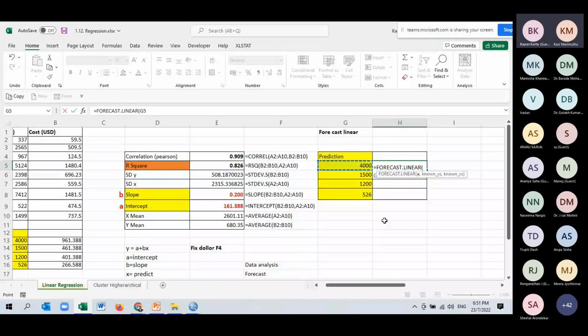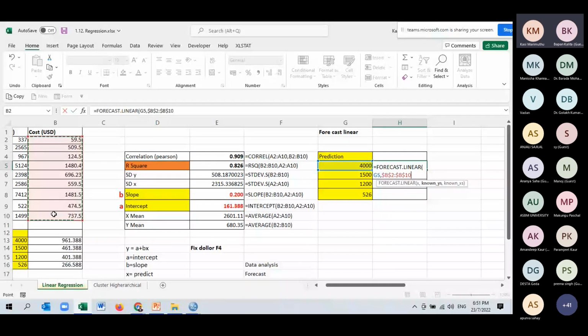X is this one, comma. Your known Y, this is our known Y. Once you have selected B2 to B10, just press F4 to fix, comma.